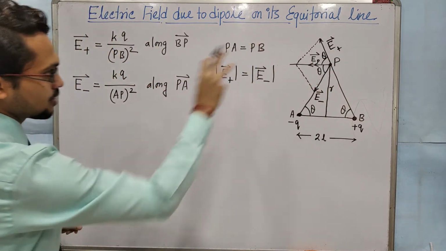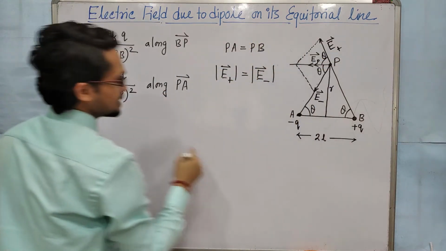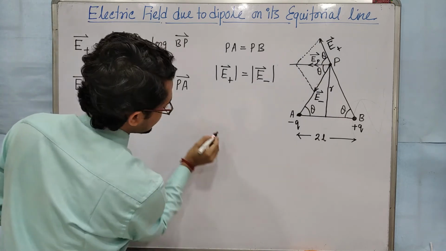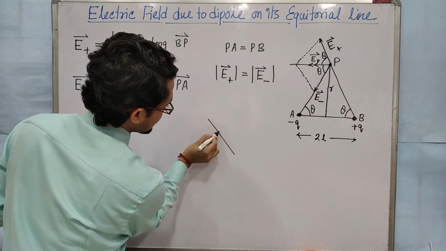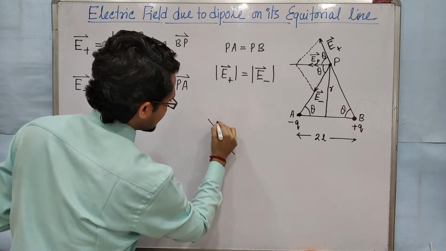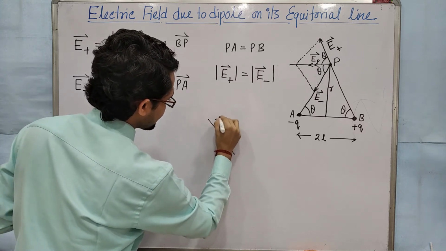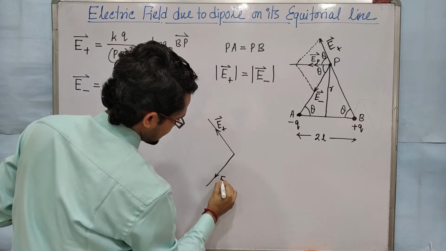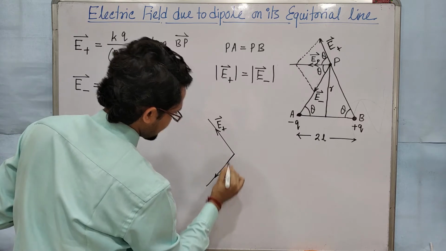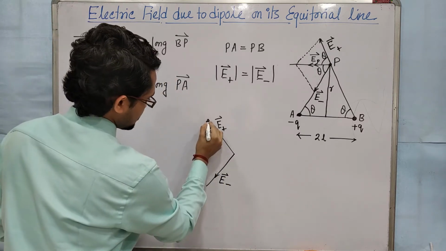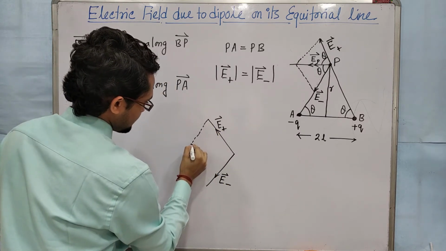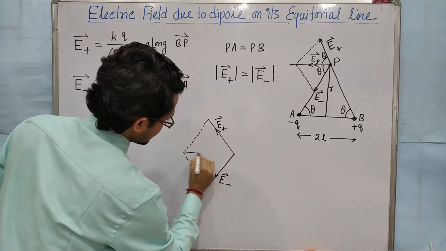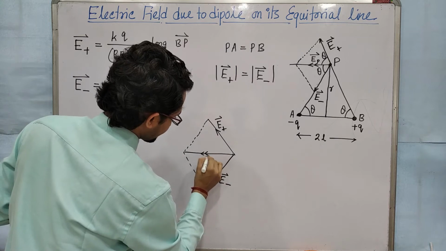Now I am drawing these two electric fields here and finding the components. One is along this, this is E plus, and another is along this, this is E minus. I am completing the parallelogram, and this is the resultant.